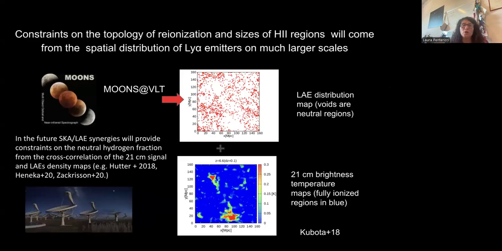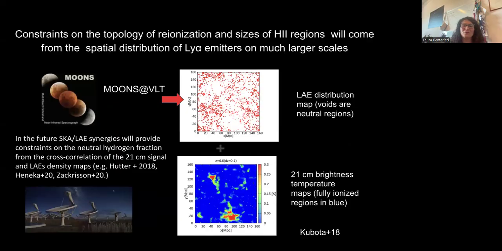In the future, we will have constraints on the topology of reionization and the sizes of H II regions with instruments that will try to map much larger volumes. So JWST is great to pinpoint single regions, but it has a very small field of view. In the future, we will have instruments that will try to map the spatial distribution on much larger scales. And for European people, we have MOONS that is finally coming in a few months.